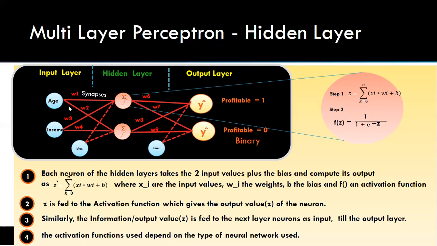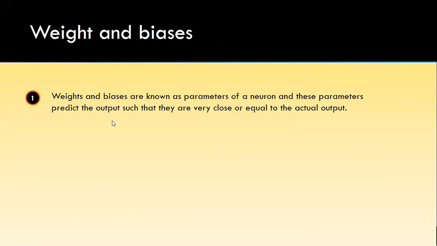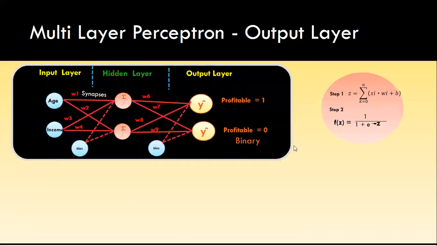Because the values for the weights and bias are estimated by the model. Hence, it is called a parameter. The weight is a parameter and bias is also a parameter. The next one: a single weight parameter is represented as W and bias as B. Remember this, guys.